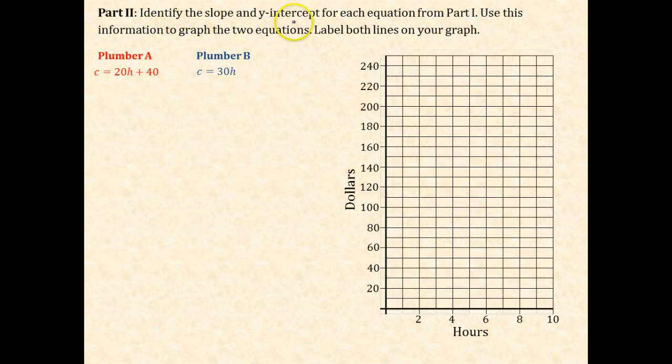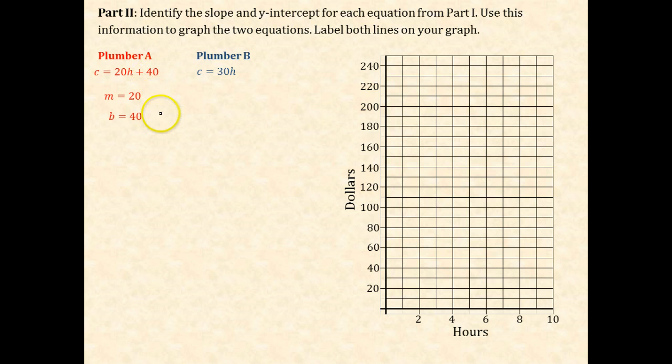Now we're going to identify the slope and y-intercept for each part of these equations, and then we're going to graph both of them. So for plumber A, the slope is 20, and the y-intercept is 40.